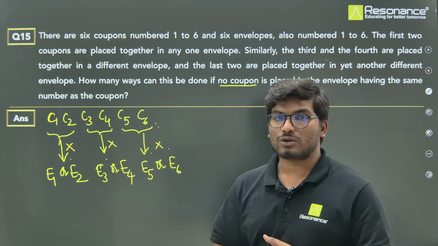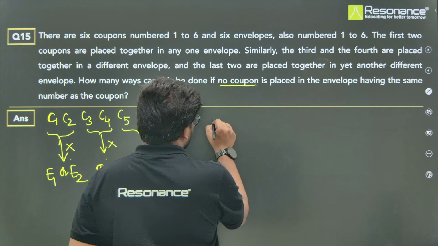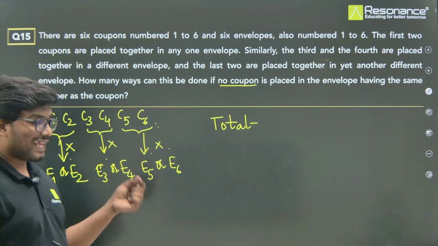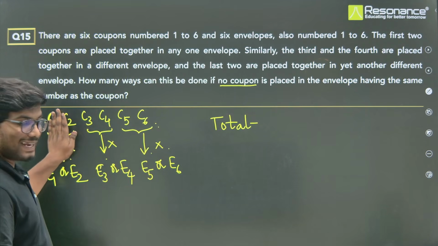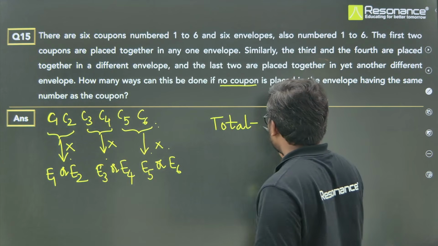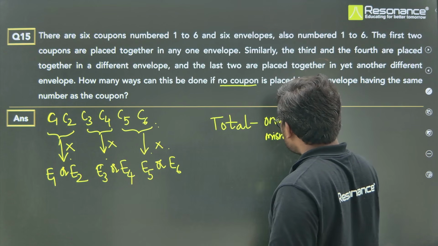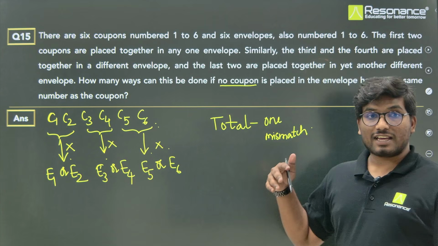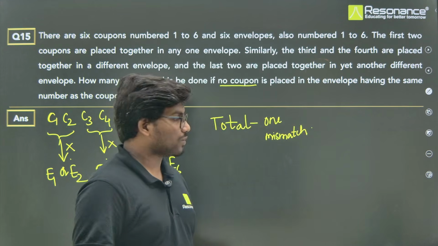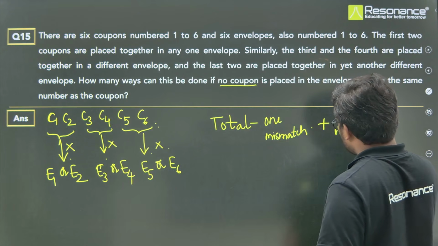How do we include and exclude based on that? First, when we include, we take all the cases, minus the cases where either C1 and C2 go to envelope 1 or 2, one mismatch. And when we remove the one mismatch cases, the 2 mismatches also go away. So let's add 2 mismatches.